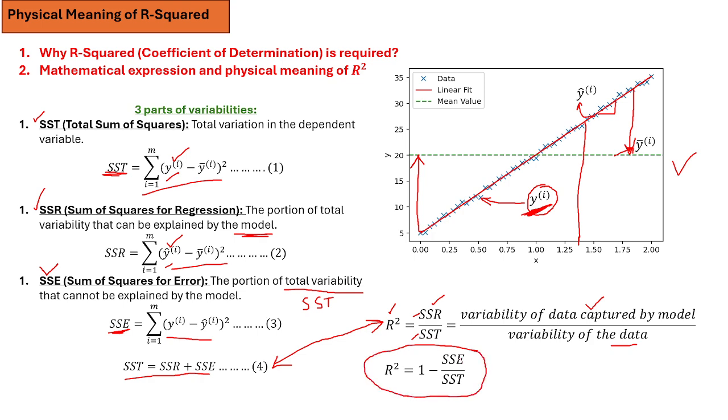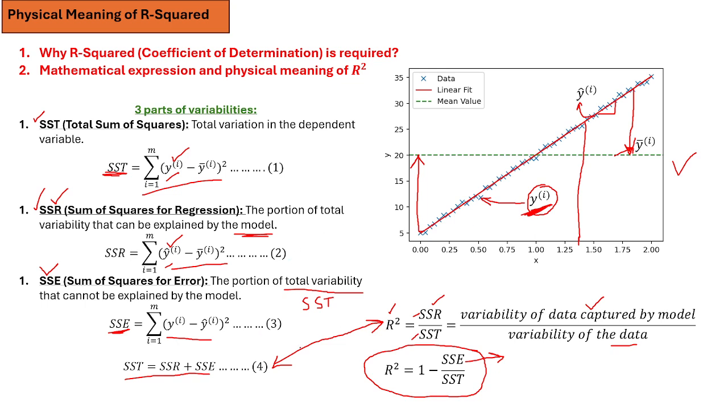It means that when we have 100% error, say our model hasn't been able to predict the data at all, SSR is going to be 0, because the linear regression line hasn't been able to capture the variability at all.